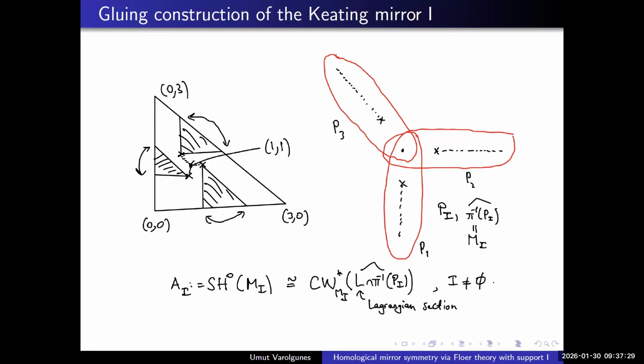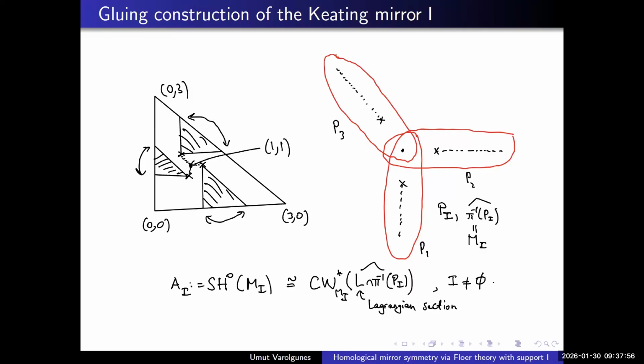Okay, so therefore I can cover the base. I can take these subsets of the base, which are Liouville subdomains. This one, and this one. So those are Liouville subdomains. And these intersections, any double intersection and also triple intersection, are also Liouville subdomains. There are corners, but it's okay.